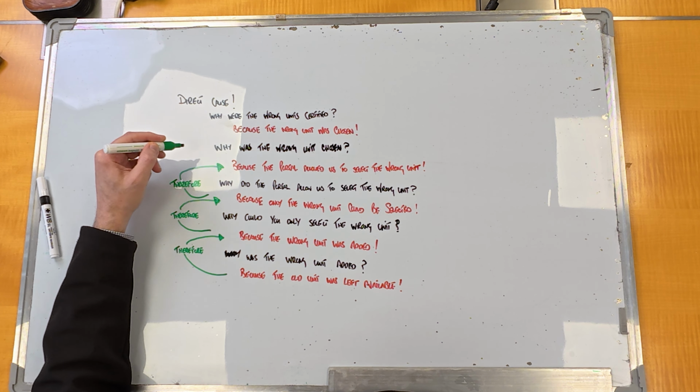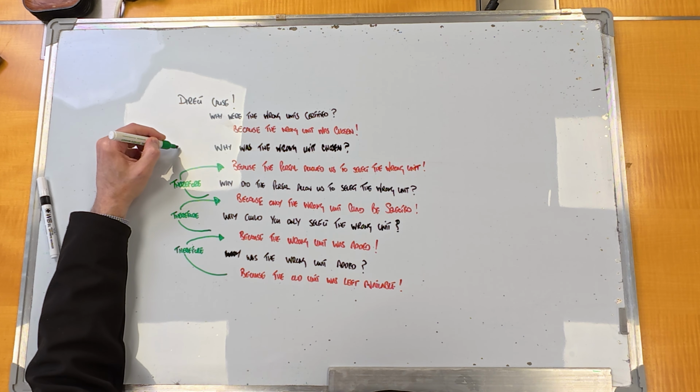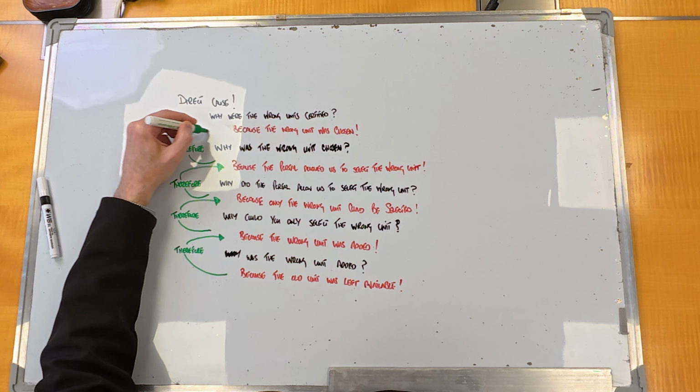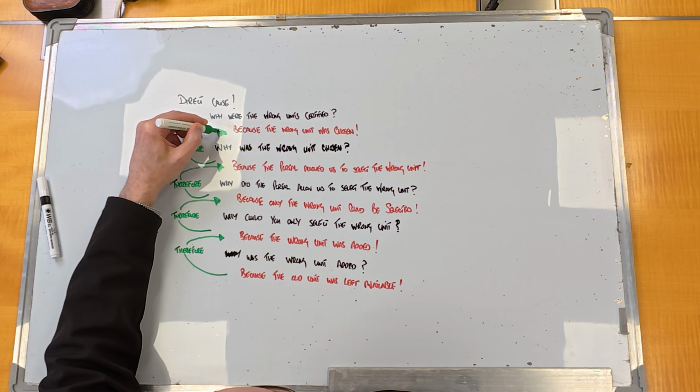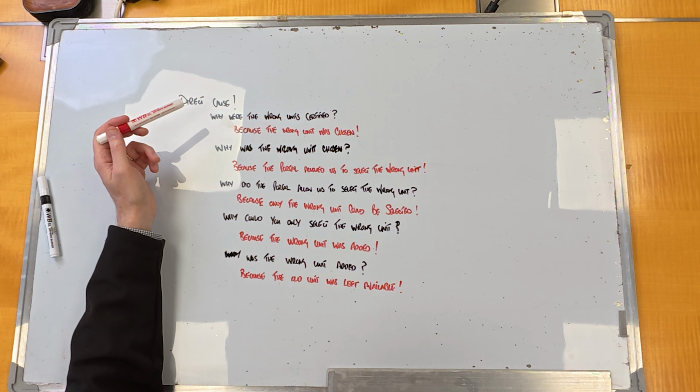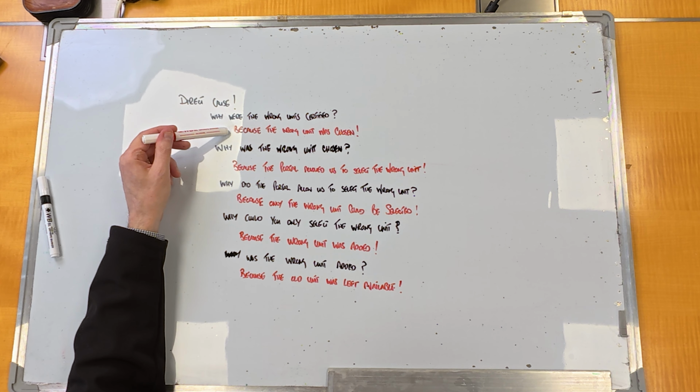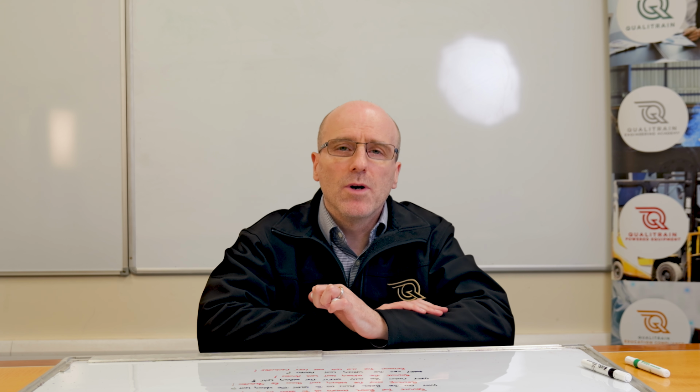Therefore, the portal allowed us to select the wrong unit. We couldn't get it right. And therefore, the wrong unit was chosen within that suite of qualifications, and the qualifications we selected were released as completed qualifications for the learners with the wrong unit. All the way back to the direct cause. And that is why 5Y works.